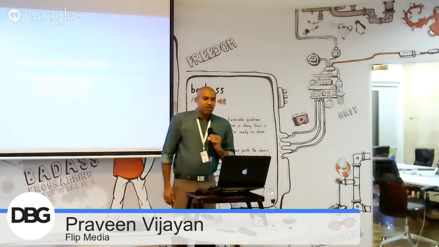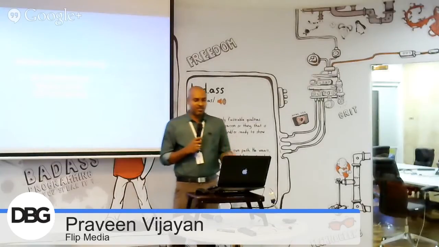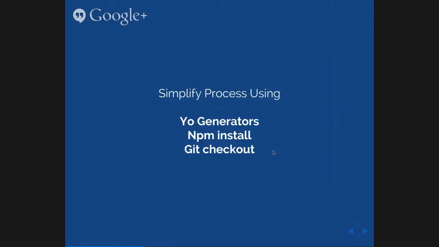That is a difficult process. It's the most time-consuming process in development, I guess. We can simplify this process using a Yeoman generator or npm install or git checkout. You can directly download the predefined configuration files and your build files from a repository, and you can install it.